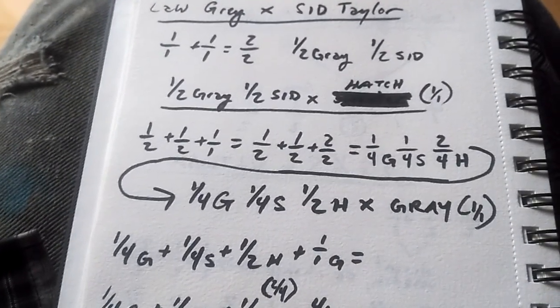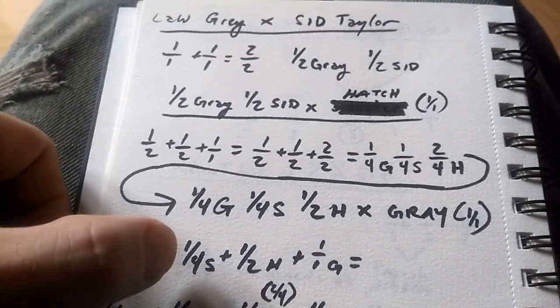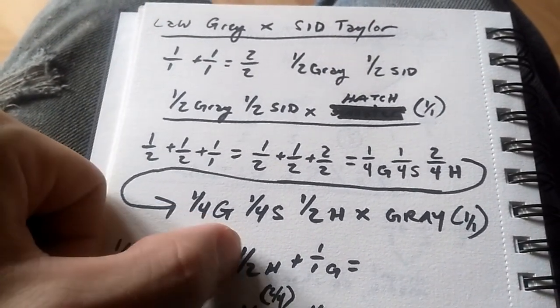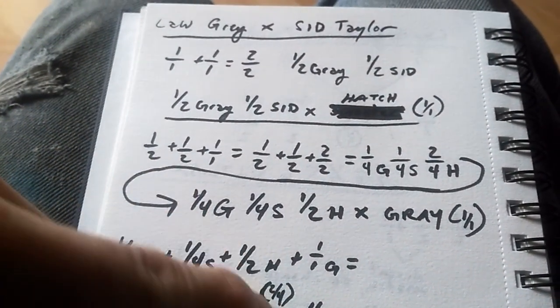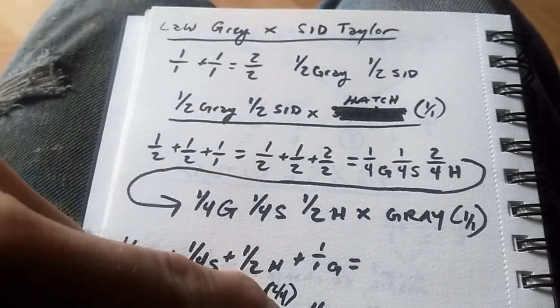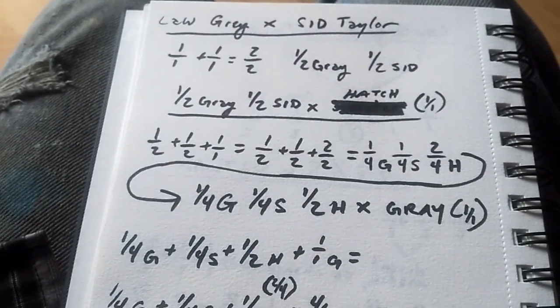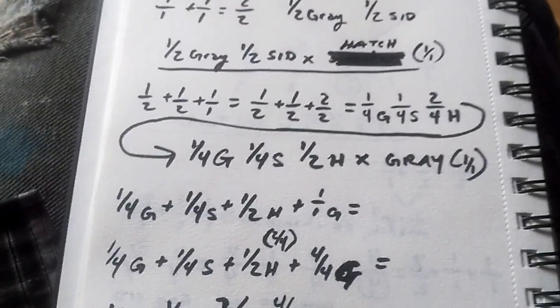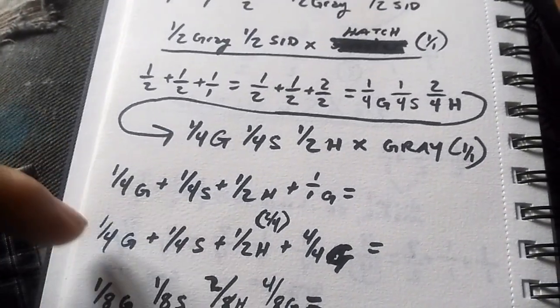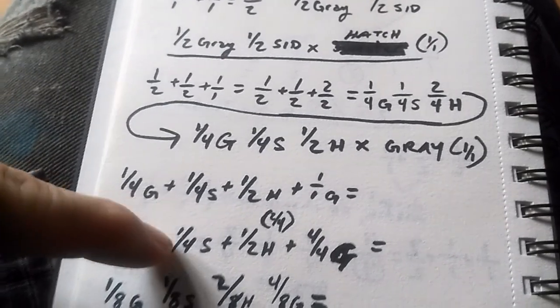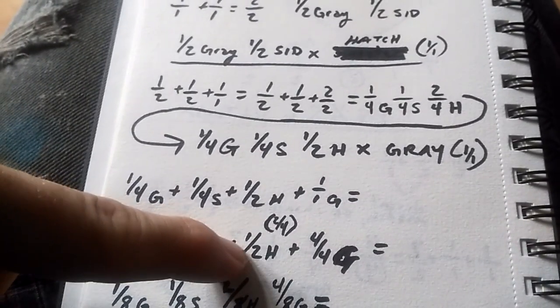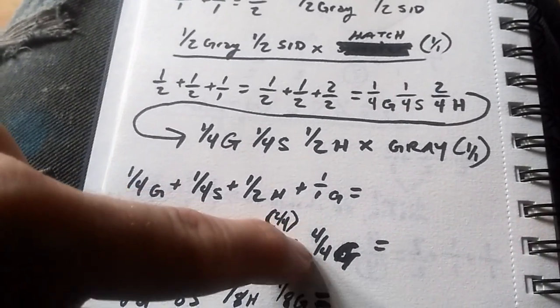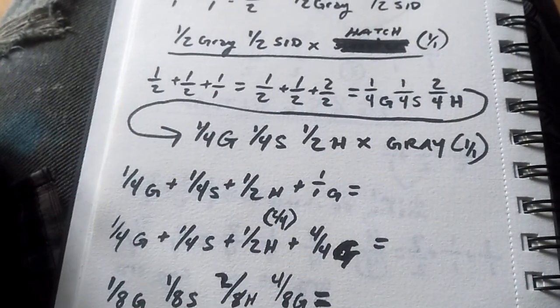So we're going to go quarter gray plus quarter Sid plus half hatch, which we have to change back to 2/4 to make this equation work, and then a 1/1 on the gray, which then turns into quarter gray, quarter Sid, 2/4 hatch, and 4/4 gray.